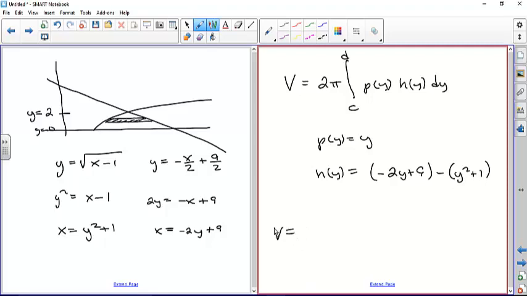So our final integral is 2 pi, the integral from y equals 0 to y equals 2 of, you get y, p of y is y. Let's put that in square brackets, so you get y times negative 2y plus 9 minus y squared plus 1, whole thing times dy.